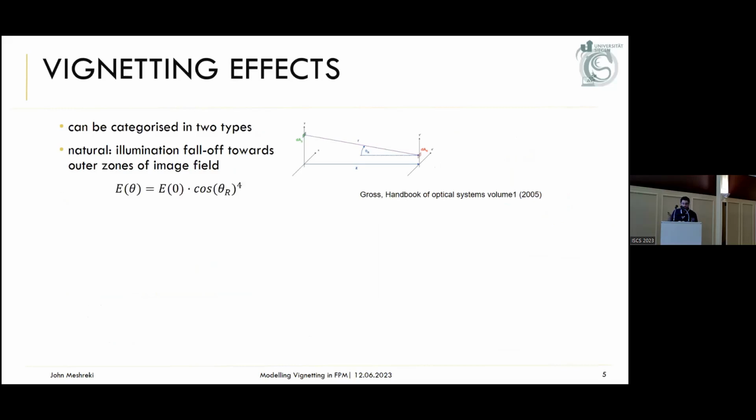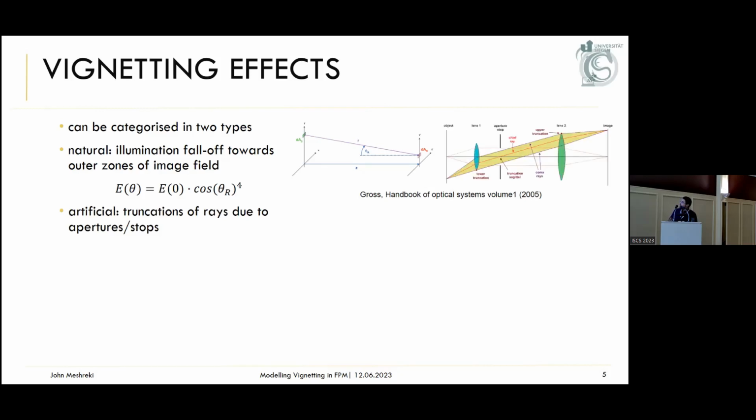This is a cosine to the power of 4 fall-off. The next vignetting type is called artificial, and this is just a truncation of rays due to apertures or stops. So here, let's look at this artificial vignetting.